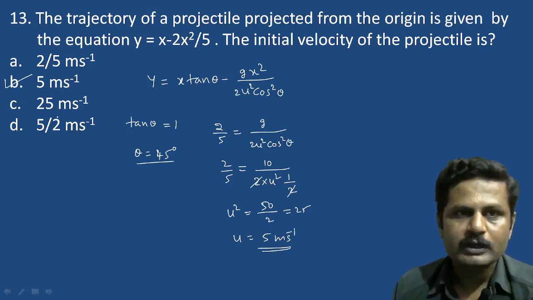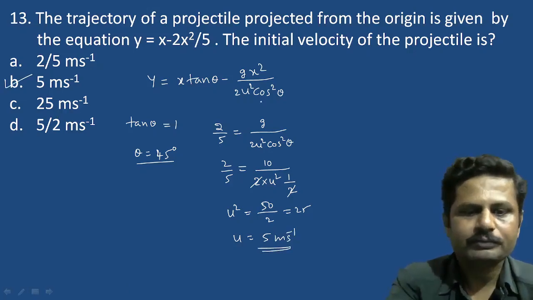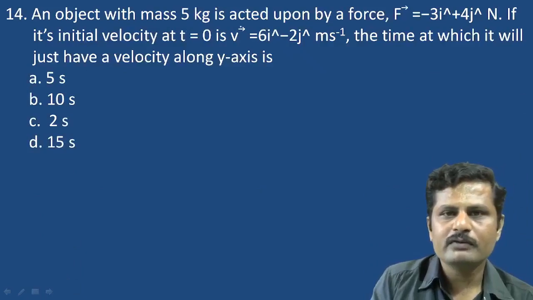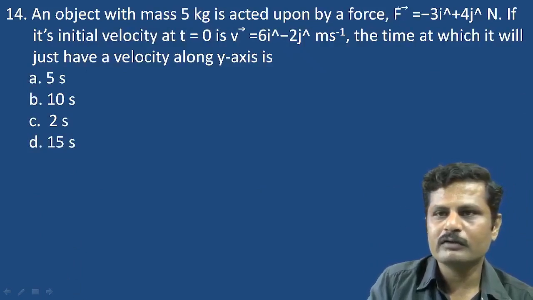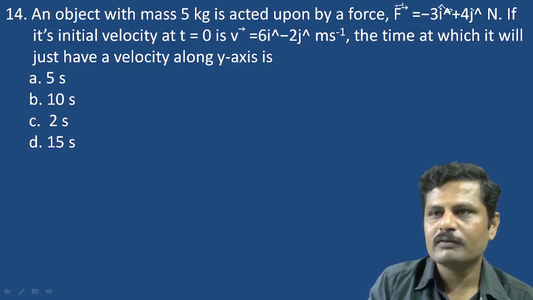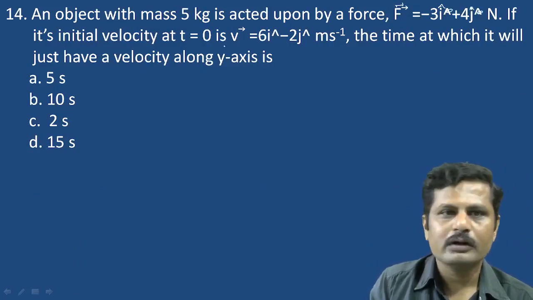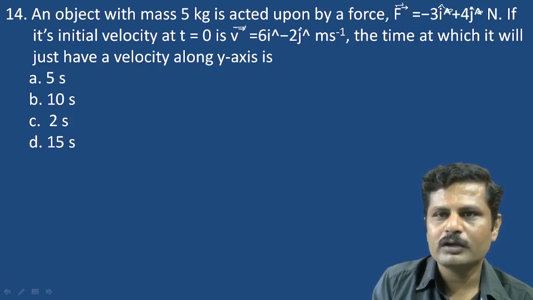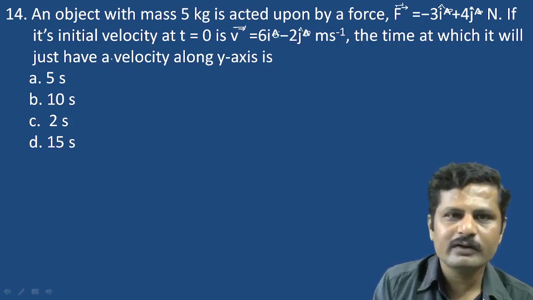Let me move to the next question. An object with mass 5 kg is acted upon by a force F vector equals minus 3i cap plus 4j cap Newton. If its initial velocity at t equals 0 is V vector equals 6i cap minus 2j cap meter per second, the time at which it will just have a velocity along the y-axis is?